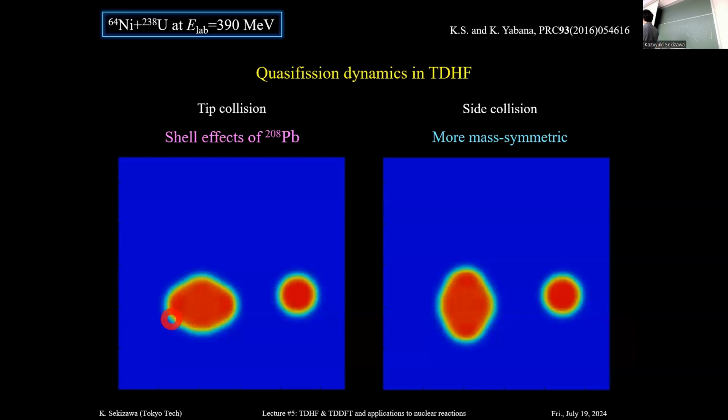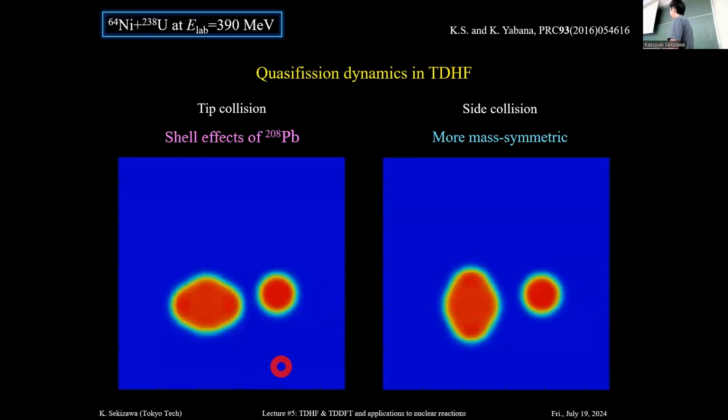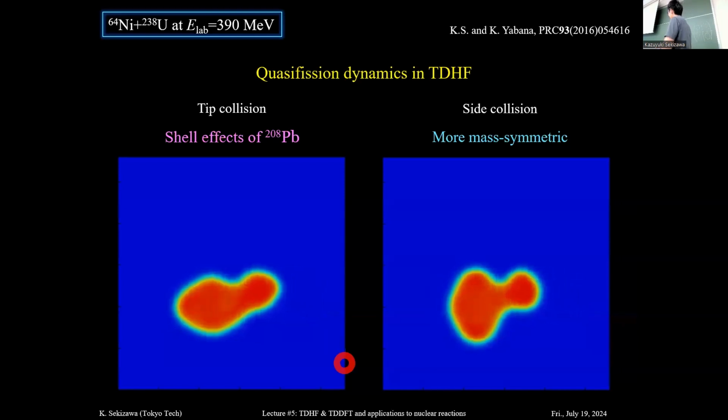So this is a tip collision, where the nickel nucleus collides with the tip of the elongated side of the uranium-238. And this is a side collision, where nickel collides with the equatorial side, the shorter side of the uranium-238. Okay, so incident energy is the same, and impact parameter is the same. The difference is orientation.